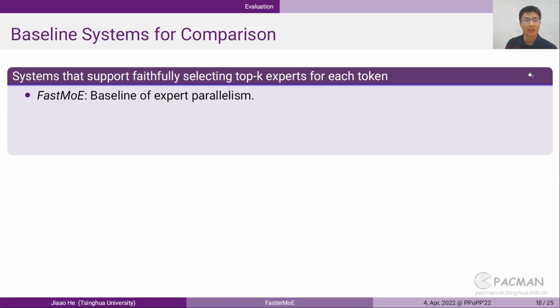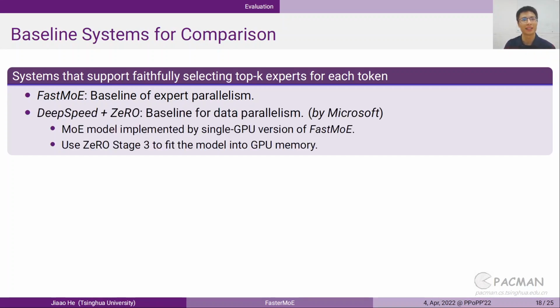We compare FasterMoE with quite a few baseline systems. The first one is the systems that support faithfully selecting top K experts for each token, and it does not require modification of the expert selection strategy. The first one is FastMoE. It is a baseline of expert paradigm. The second one is from Microsoft.